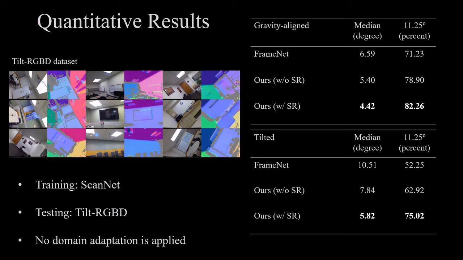For instance, FrameNet and our proposed network have the median errors increased by 4 and 2.5 degrees respectively, while the one equipped with the spatial rectifier only increased by 1.5 degrees. The same story goes for the other metrics. With the spatial rectifier, our method can greatly improve the performance, especially on tilted images, and achieve state-of-the-art results.